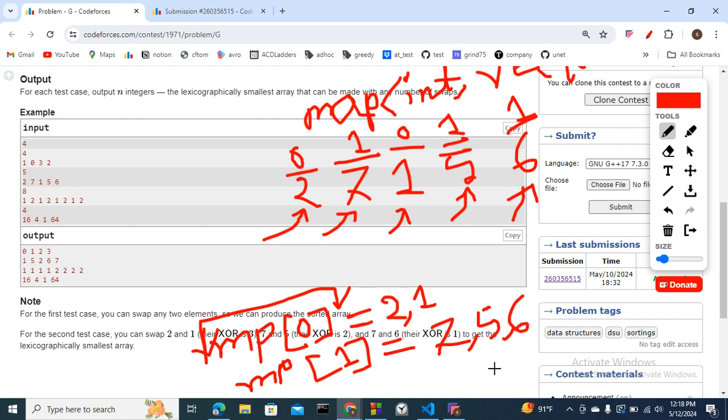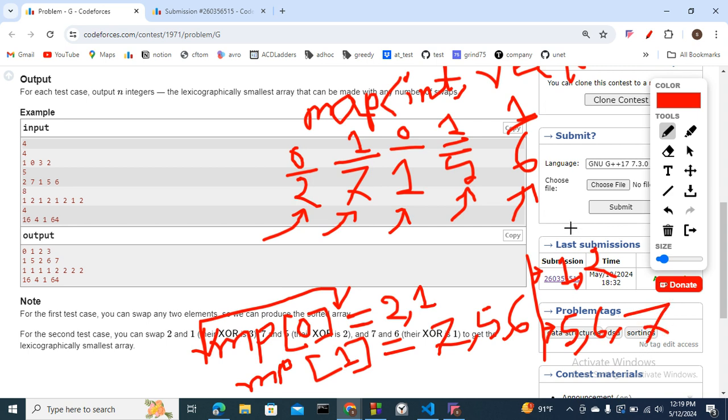After that, we will sort the vectors. It will become 1, 2 after sorting, and 5, 6, 7 after sorting.